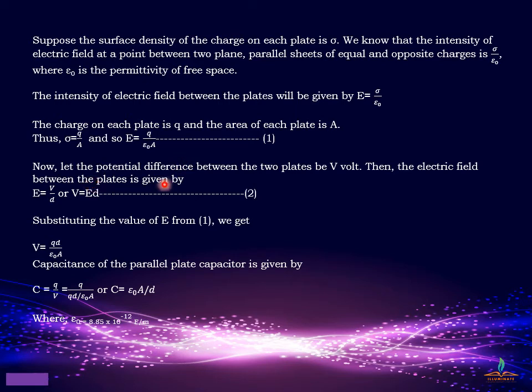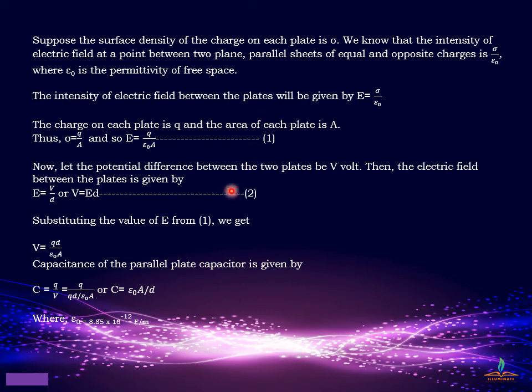Now let the potential difference between the two plates be V. Then the electric field between the plates is given by E is equal to V by D. Rearranging the terms, we get V is equal to ED.